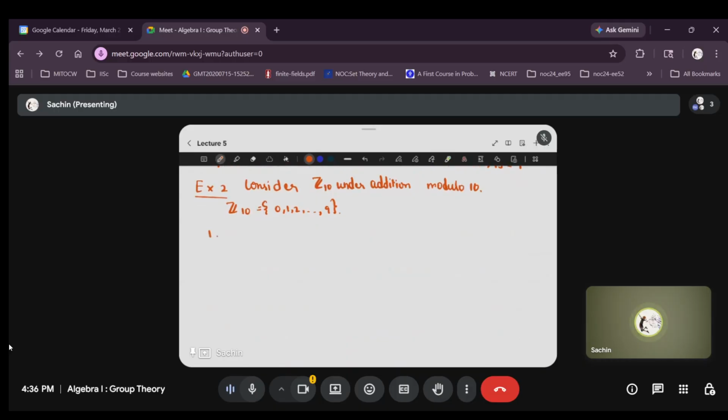Now, again, like I said, 1 times 0 is 0. So what is the order of Z10?